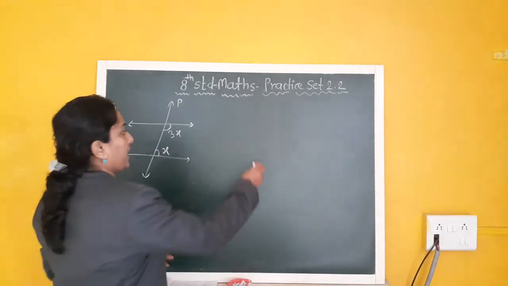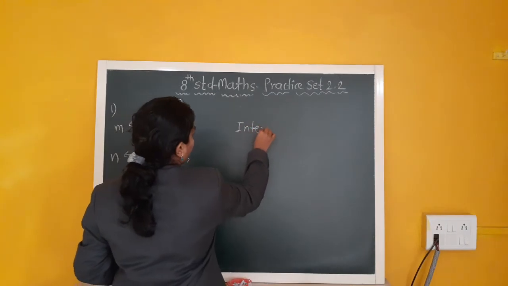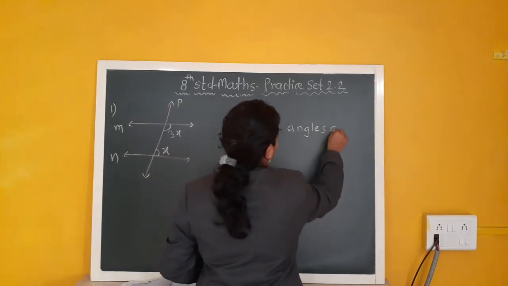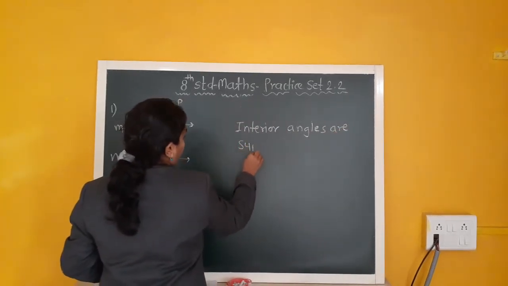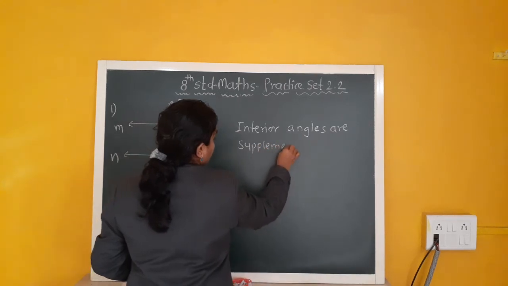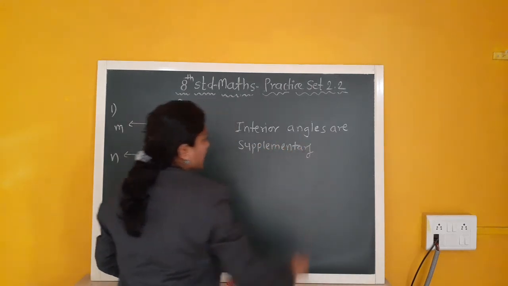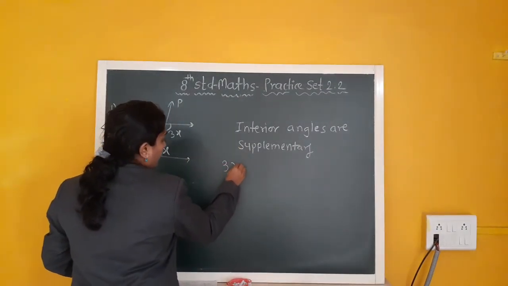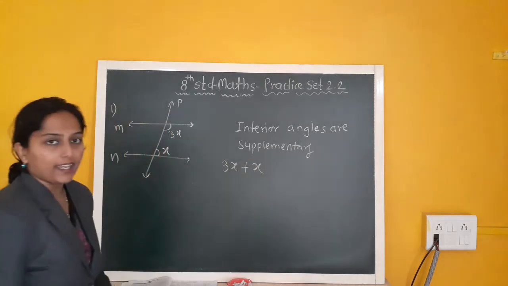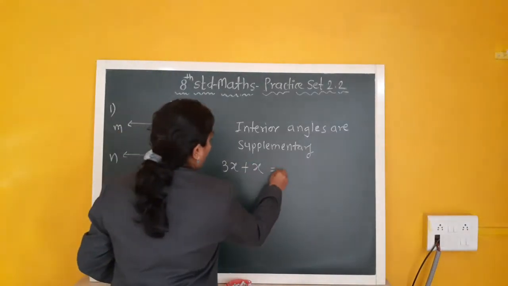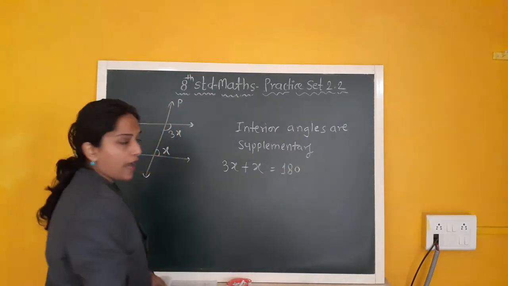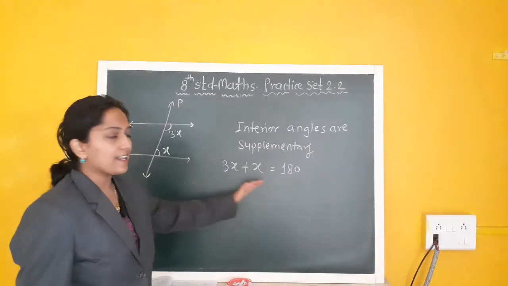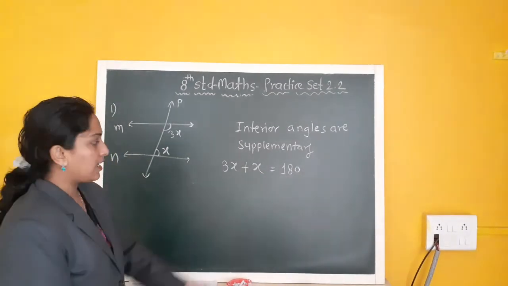So by using the property that interior angles are supplementary, meaning their sum is 180 degrees, we can write 3x plus x is equal to 180 degrees. Why? Because interior angles are supplementary, which means their sum is 180 degrees. So we can write this equation. Now we have to solve this equation.